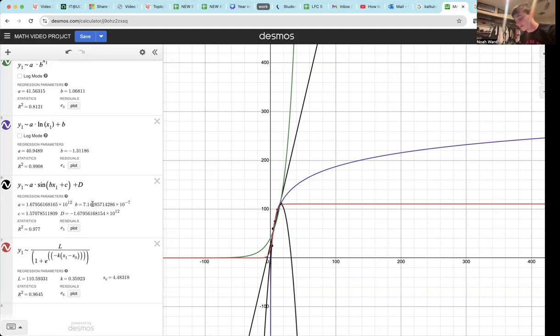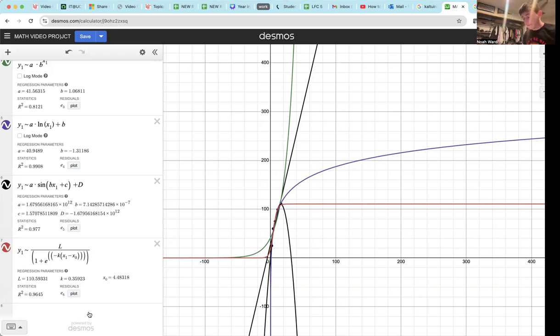For logistic, Desmos does not have a built-in logistic regression, which we see here. This is a different equation than the one we have on the calculator, so you have to enter the formula manually. On the TI-84, it is better for getting exact parameters, and since Desmos cannot do it accurately, the TI-84 is the best option for this one.